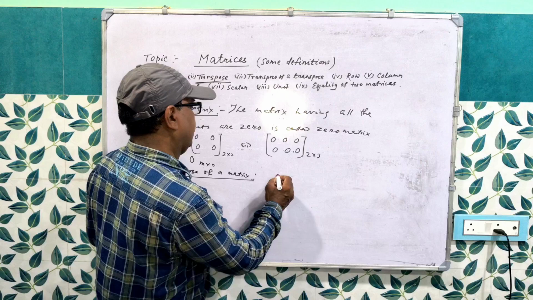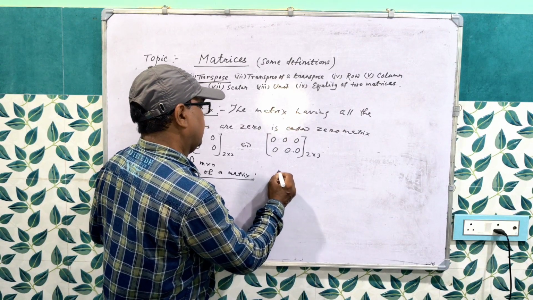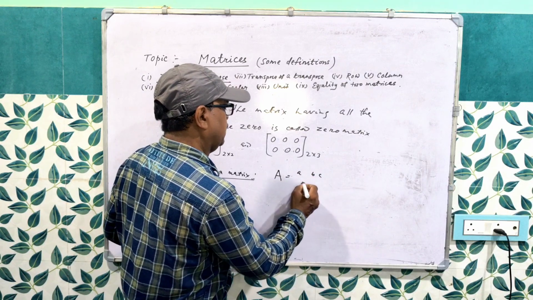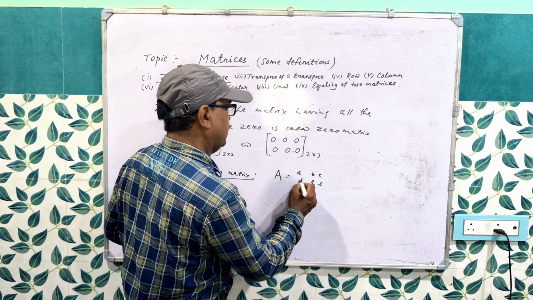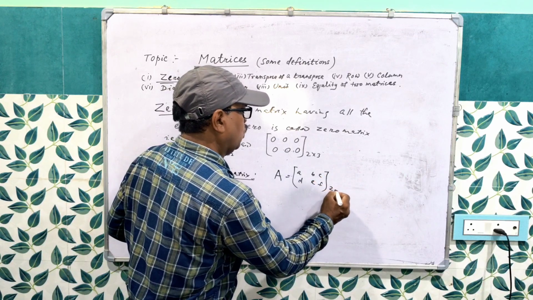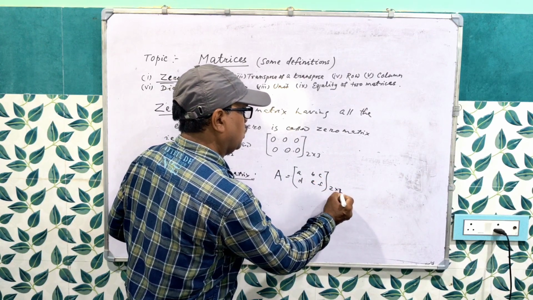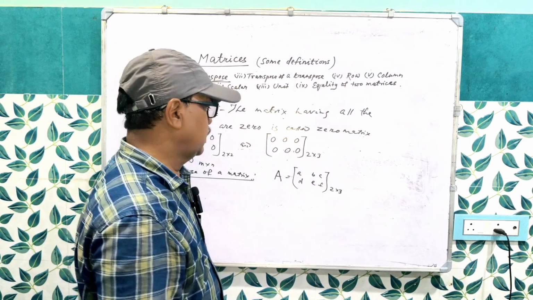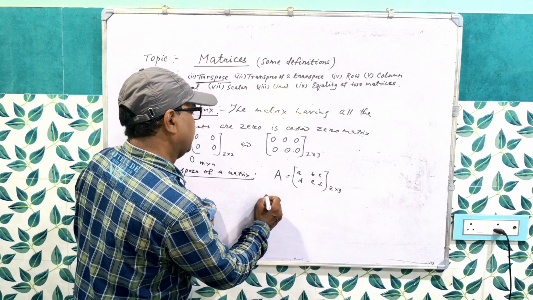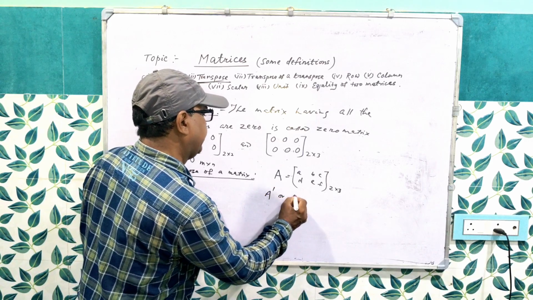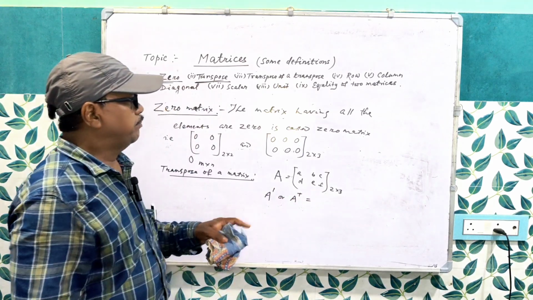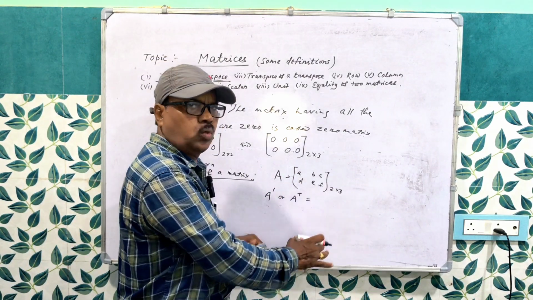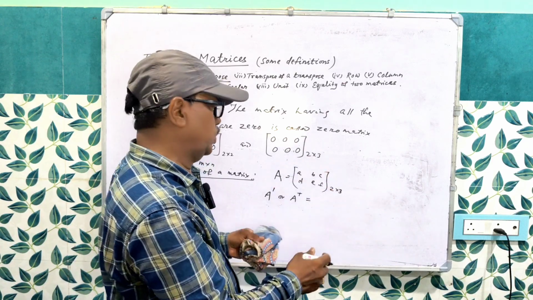If a matrix A can be written as A, B, C, D, E, F of order 2 by 3, then what is its transpose? Its transpose, which can be written as A dash or A T, is formed by changing the order. That means by changing the rows into columns or columns into rows.